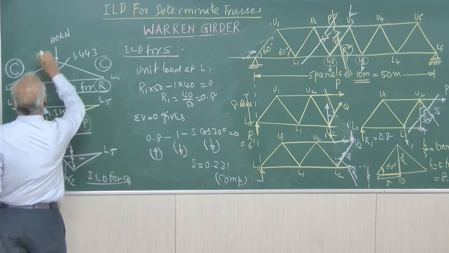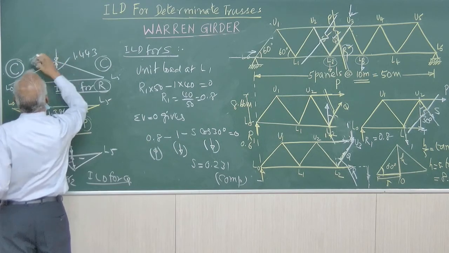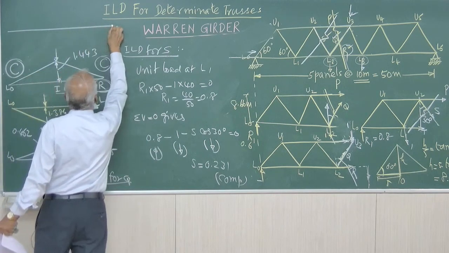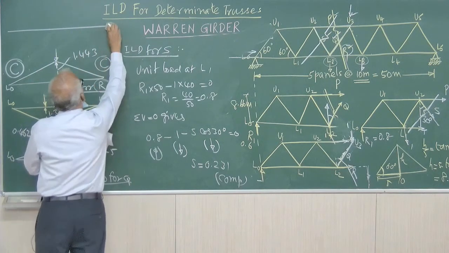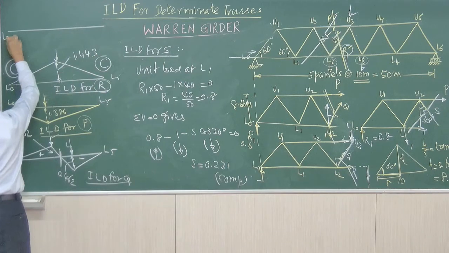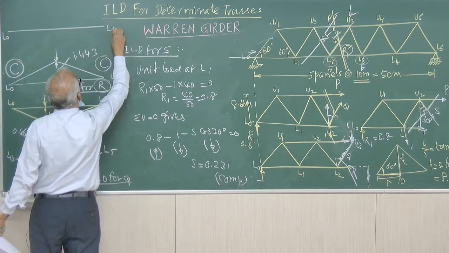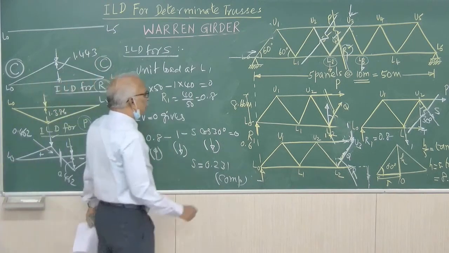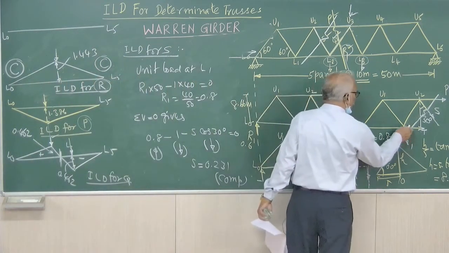Here again, we will make use of this space. Starting from L0 to L5, for want of space we are utilizing this. In the first panel we are applying the unit force at L1.